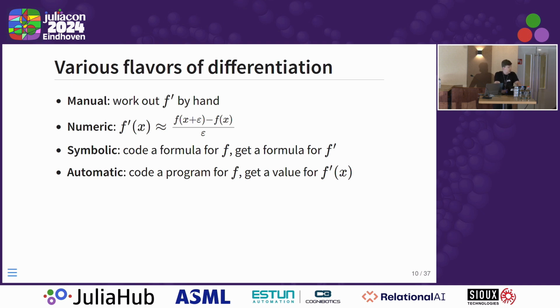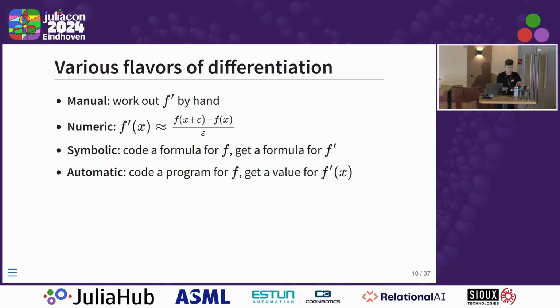Thirdly, we have symbolic differentiation, or basically computer algebra, where you give a symbolic formula for your function and get a symbolic formula for your derivative function back. And finally, we have automatic differentiation or algorithmic differentiation. So this is what encompasses forward and reverse mode. There you pass a program and get a value for your derivative, gradient, Jacobian, whatever, back.